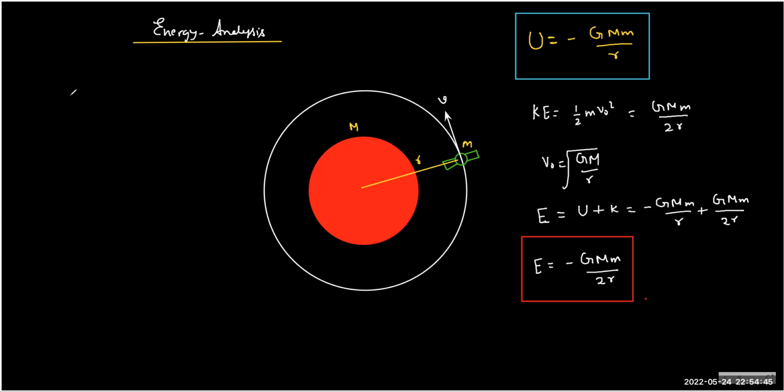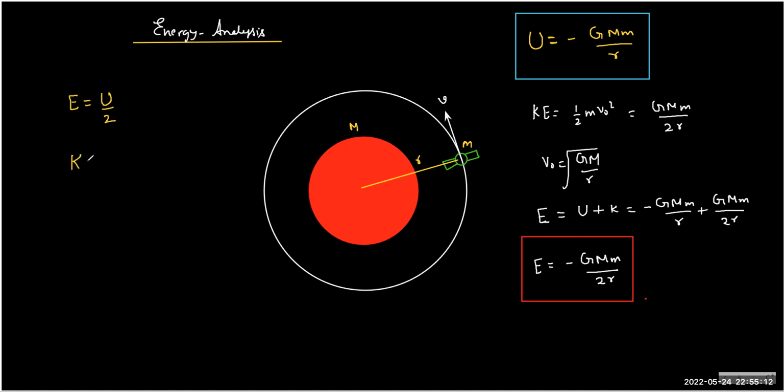The total energy of the satellite, if you look carefully, is exactly half of the potential. So if you just divide the potential by 2, you get the total energy. That's a very interesting relation. And why is this important? Because we need not calculate the kinetic at all, so knowing the potential is enough.